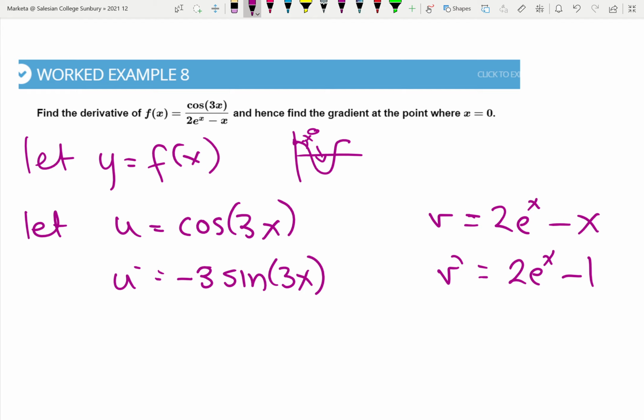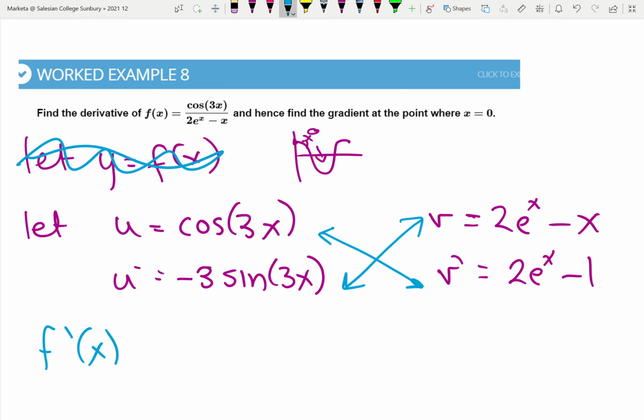Okay, so now, well, cross multiply them: vu dash minus uv dash over v squared. So dy dx, and actually I might call it f dash of x. You know what, I'm going to get rid of that. We absolutely don't need that.